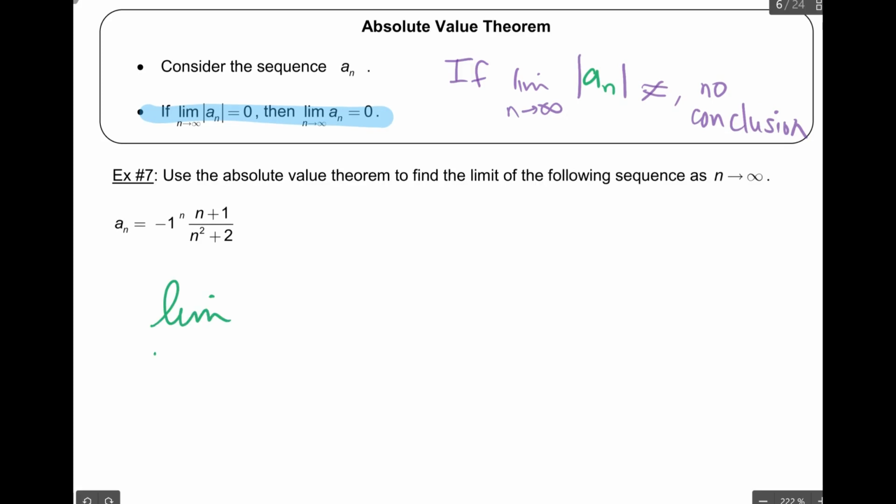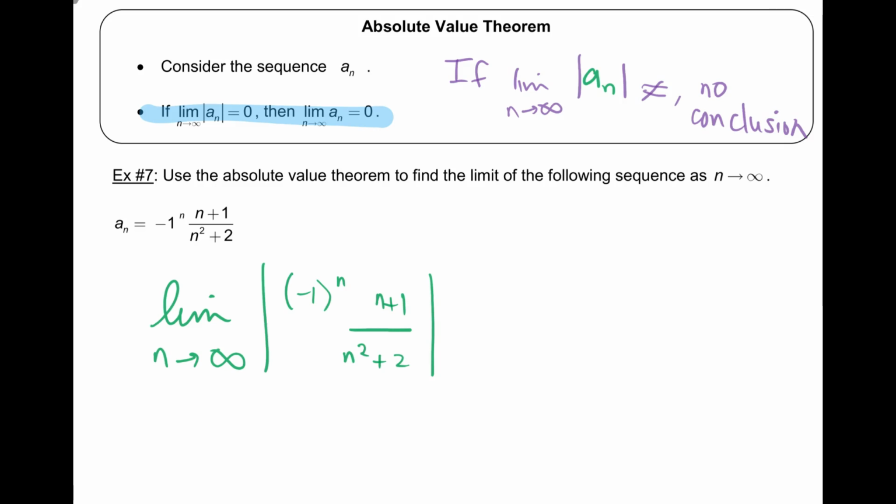So we can say the limit as n approaches infinity of (-1)^n plus 1 over n squared plus 2. All this (-1)^n is just flipping the sign every single time, so it doesn't actually matter because we're taking absolute value.